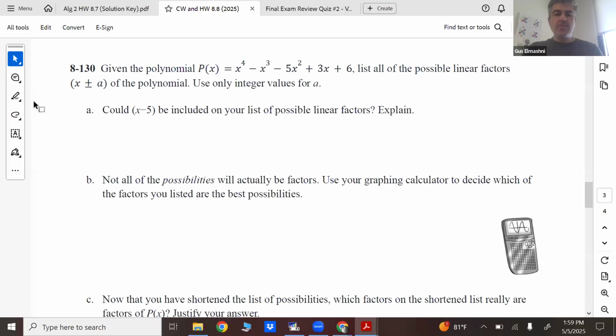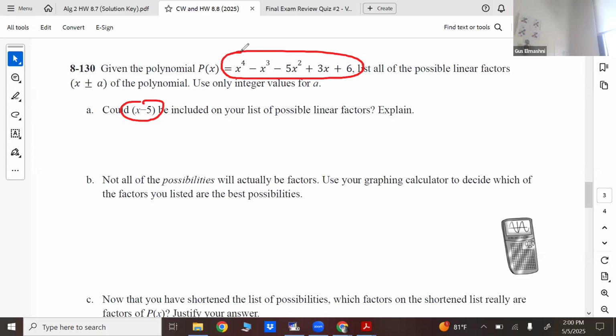Okay, so can x minus 5 be a factor of this? Okay, so let's think about it. If I multiply x minus 5 with a bunch of other factors, there's no way it's going to multiply to 6 because 5 is not a factor of 6.